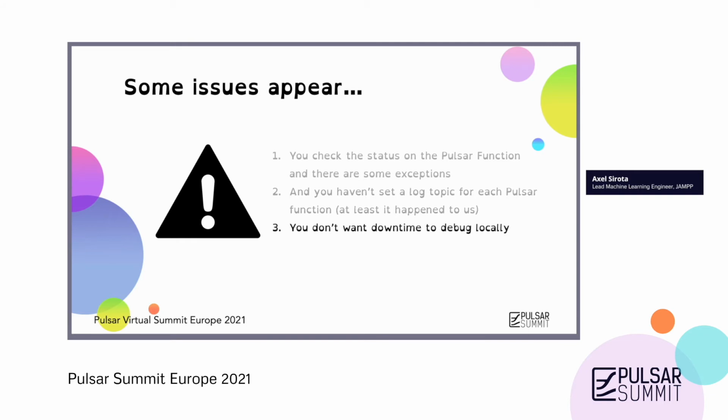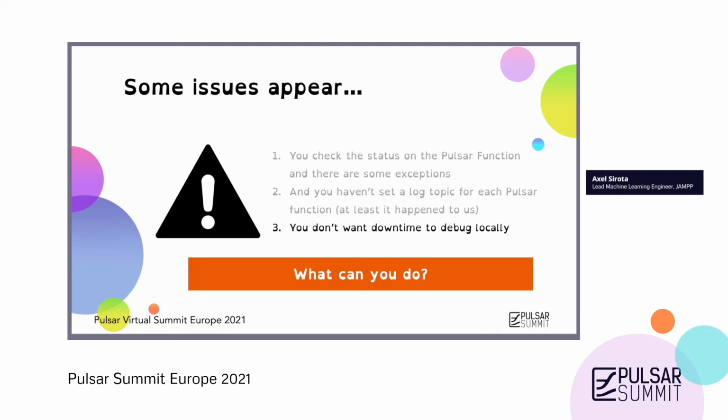Now, we could tear down that Pulsar function, run it in debug mode locally, hook it on both sides, and just debug it locally. But that would require downtime. So let's suppose that we don't want some downtime. We want to check what happened in the past right now.